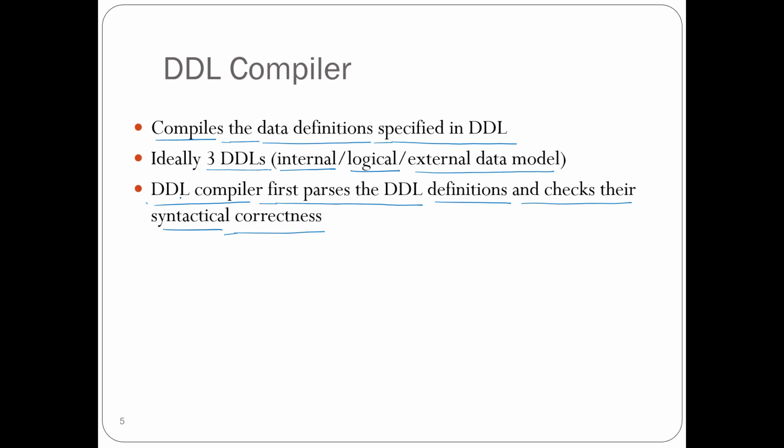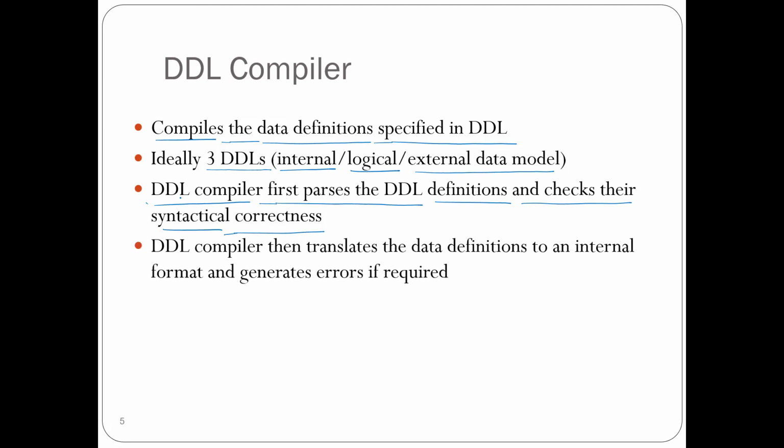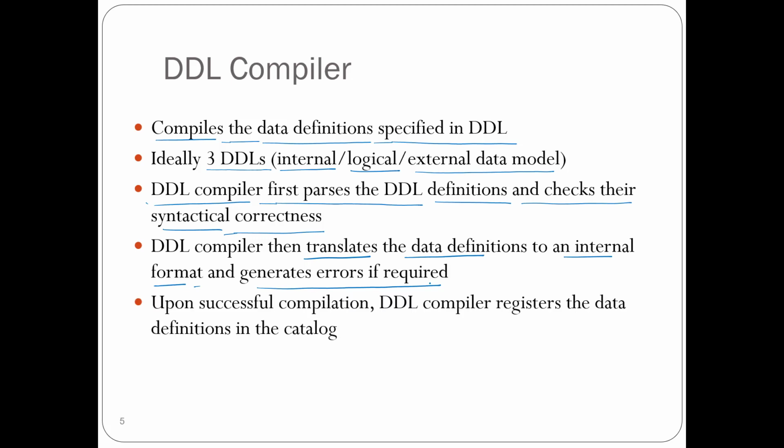That's the first thing it will do, and after that it will translate the data definition into an internal format, and if there are some errors, then yeah, it will generate the errors, but the errors are generated only if there are some syntactical or syntax issues. If not, then it will convert or translate, you may say, the DDL statements into the data definition, which will be stored in the catalog.